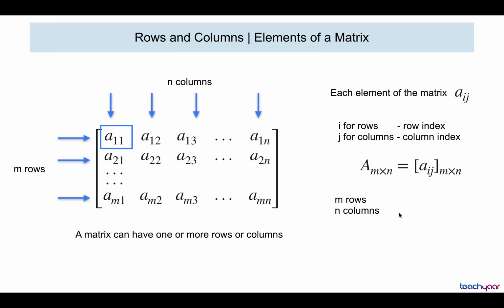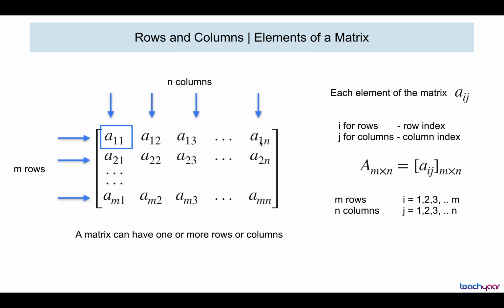So what it's telling you is that matrix A has elements Aij. The matrix has size m cross n, meaning it has m rows and n columns. And i, because it indicates the row, can go from 1 to m because there are m rows. And j, which indicates the columns, can go from 1 to n because there are n columns.